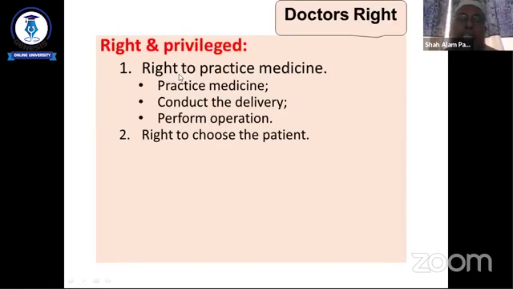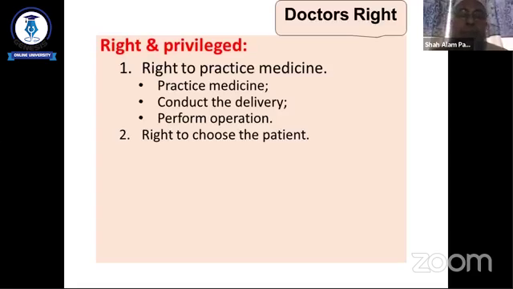Doctors can conduct deliveries and perform operations. So the right to practice medicine includes all the branches of medicine: he can practice medicine, surgery, gynae and obs, and the allied branches of those.